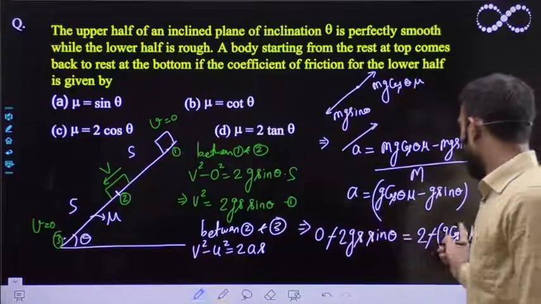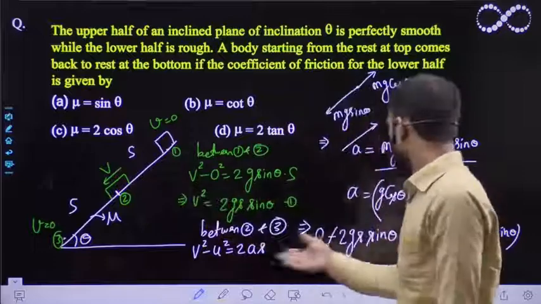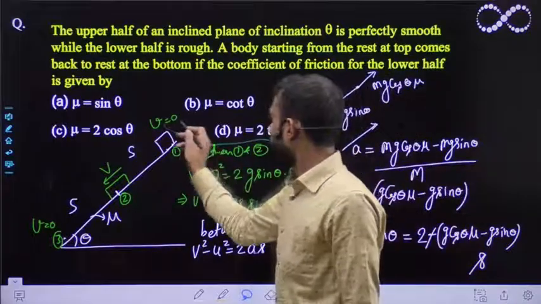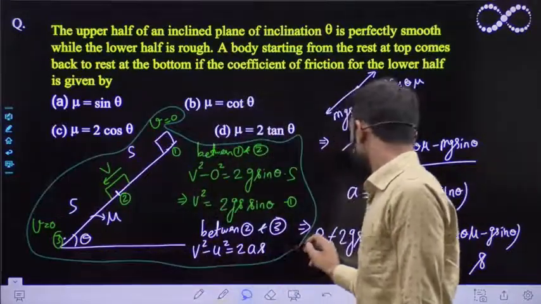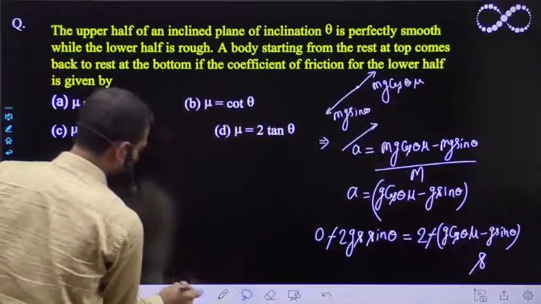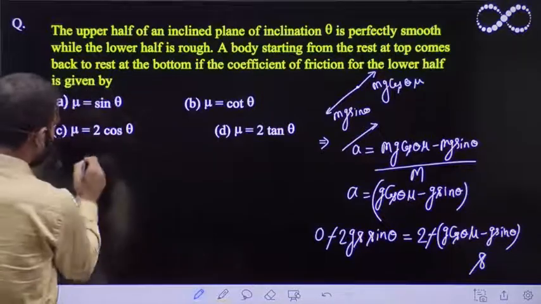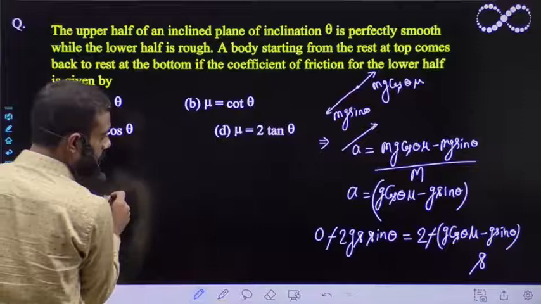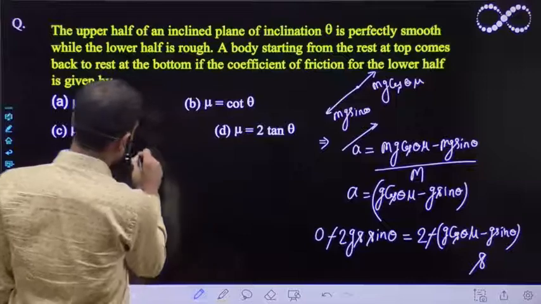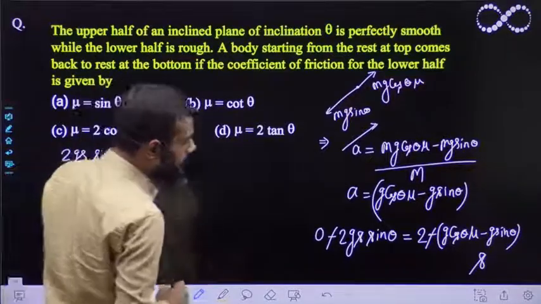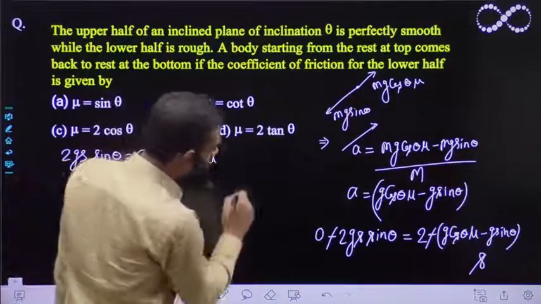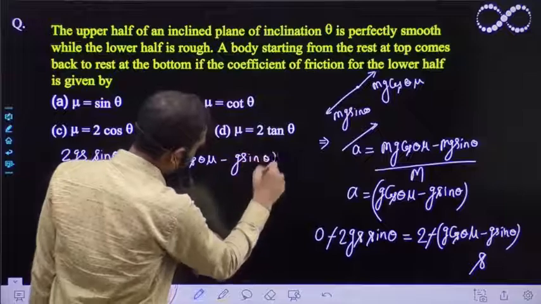The first equation I have already utilized, so I am omitting this one and I will continue from here. Now I need to solve this equation. I am writing 2gs sin theta is equal to 2s into g cos theta mu minus g sin theta, taking g common.